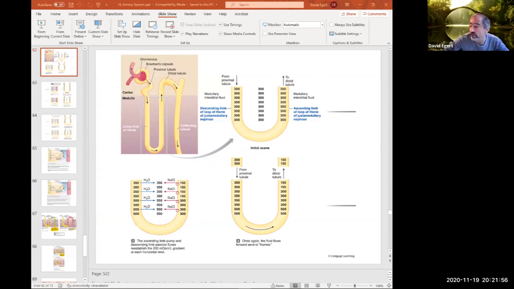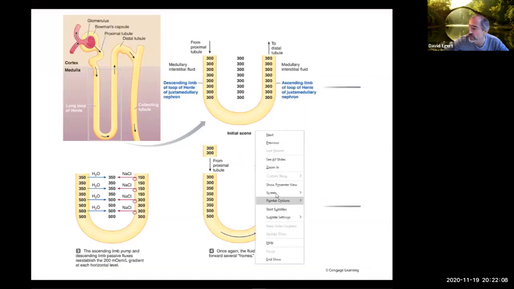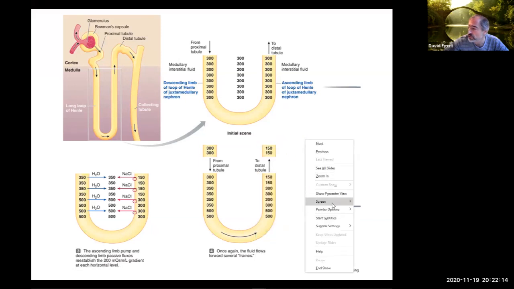The fluid is moving forward through the loop of Henle. So here, I'll do the slideshow from current slide, and let me get a pointer. Let's change the color.